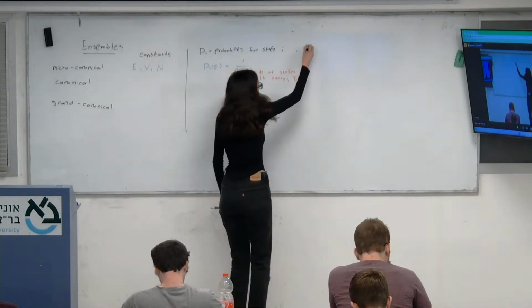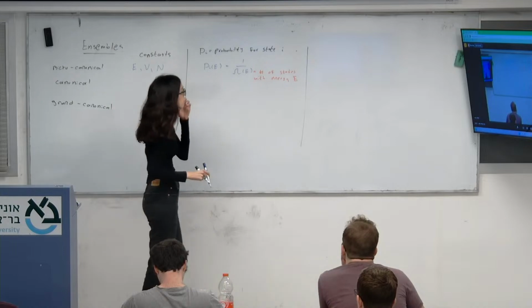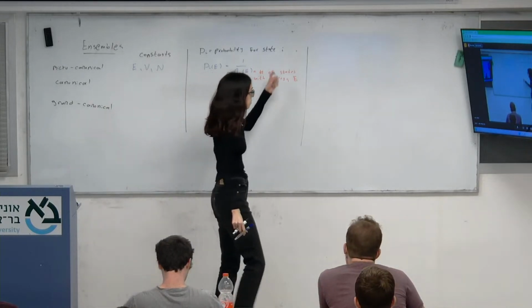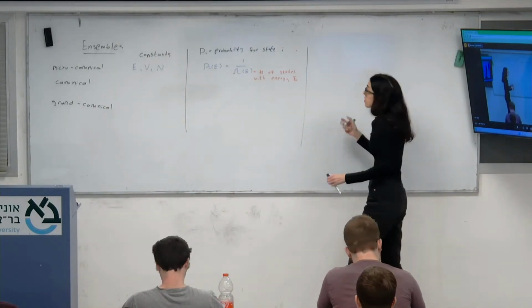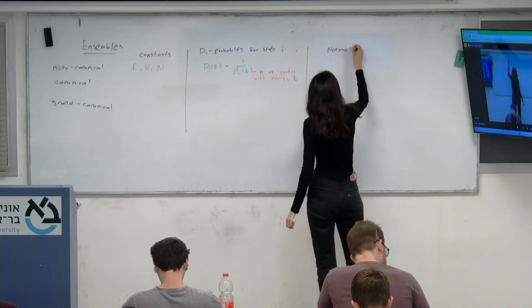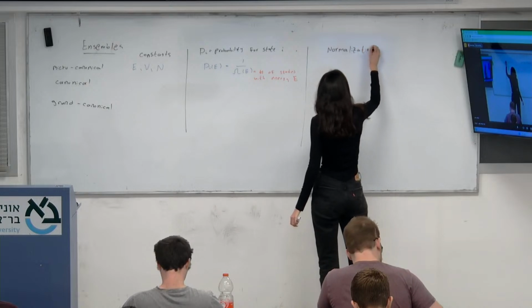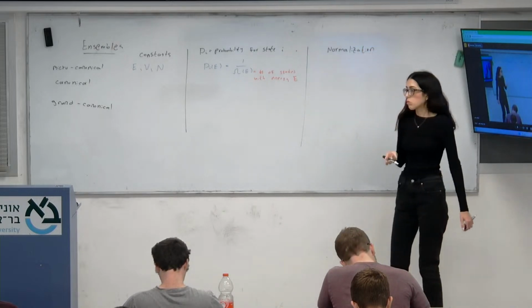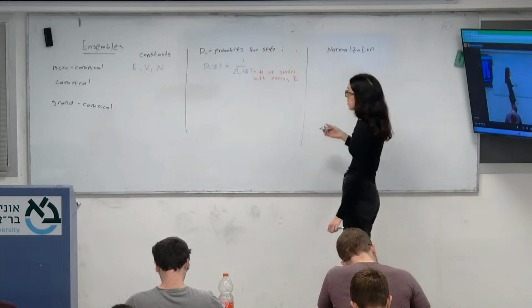Okay, and the last, that's kind of related to the probability, is basically normalization, or we sometimes call it a partition function.